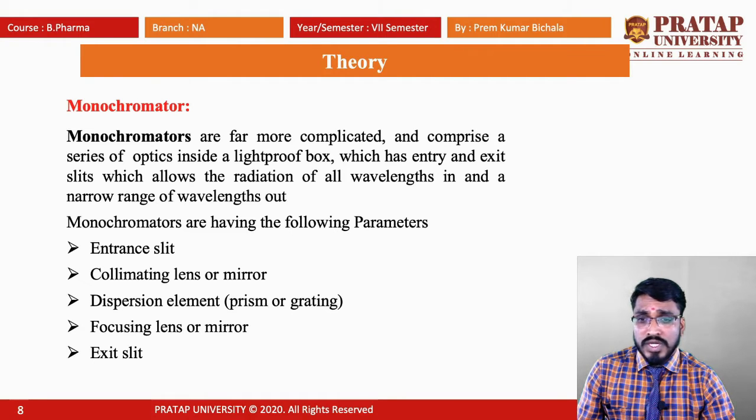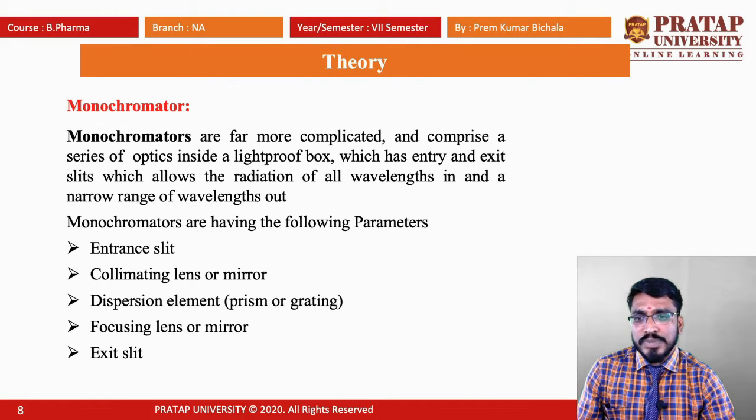The monochromators have the following components: entrance slit, collimating lens or mirror, then dispersion element, then focusing lens or mirrors, and finally exit slit. Here, for the dispersion element we can use prisms or gratings.